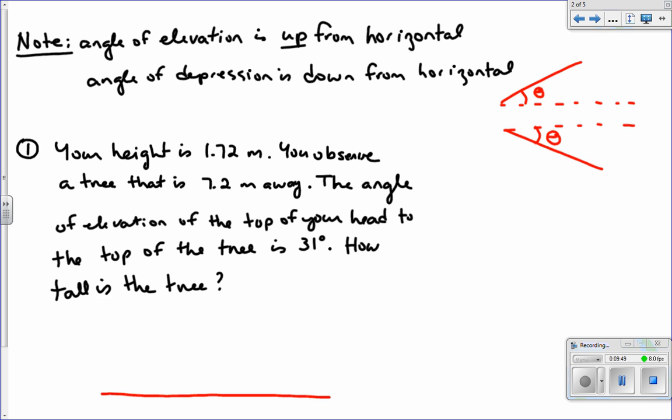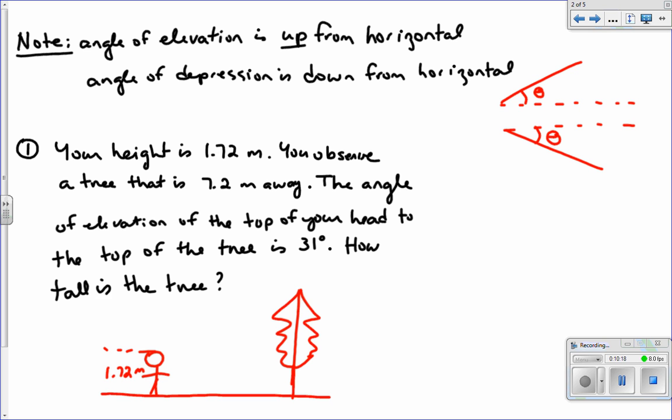So we always make the assumption that our ground is horizontal. So here's the tree, and you can sketch in a tree if you want, okay? And here's you, and your height is 1.72 meters.